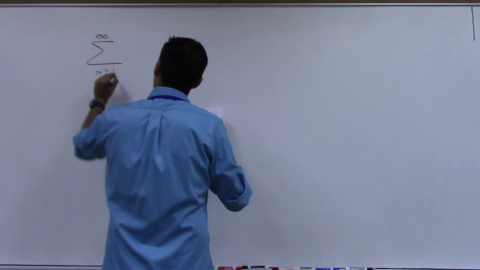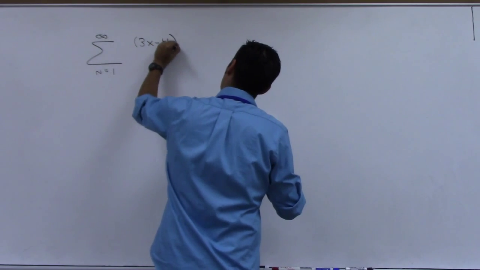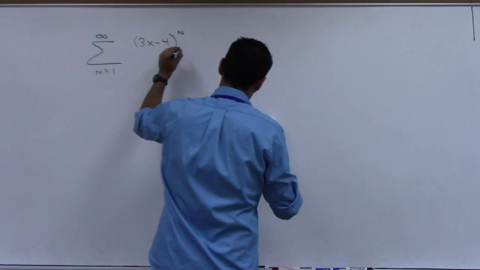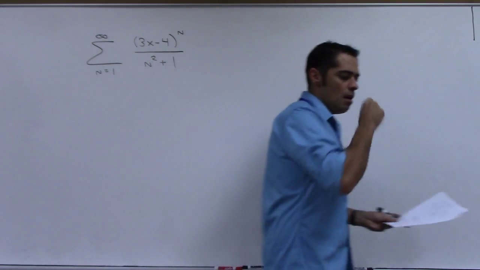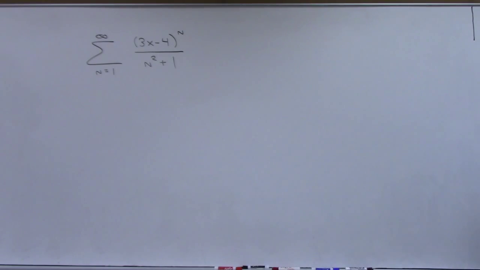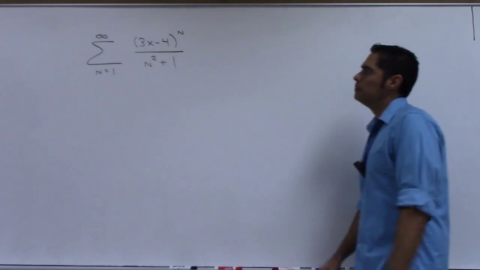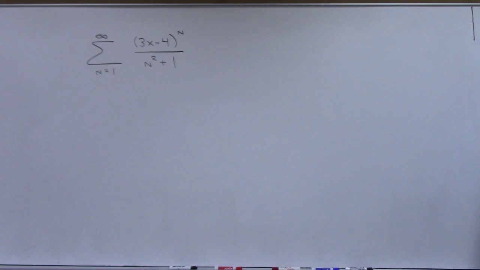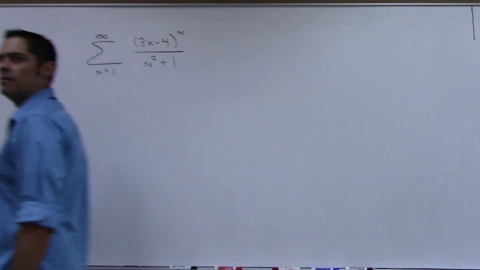The sum from n equals 1 to infinity of (3x minus 4) to the n over n squared plus 1. This is a power series, yes or no? Is that a power series?